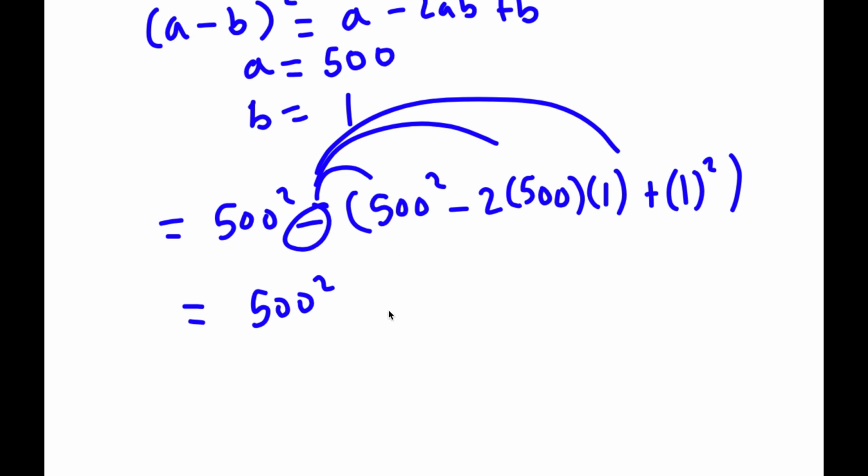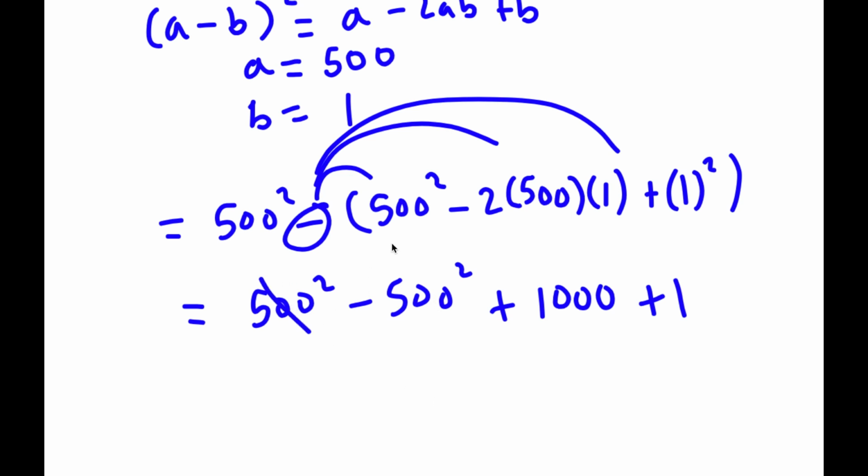So first off, I have negative 500 squared. Then I have negative of negative, which is positive. 2 times 500 is 1,000. 1,000 times 1 is 1,000. And now I have 1 squared, which is simply 1.